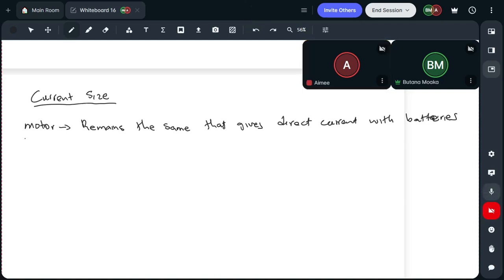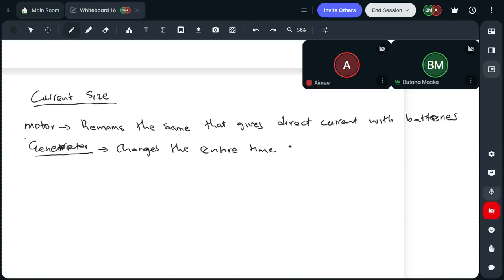Okay, so now in generators, the current is going to change. In generators, the current will change the entire time.